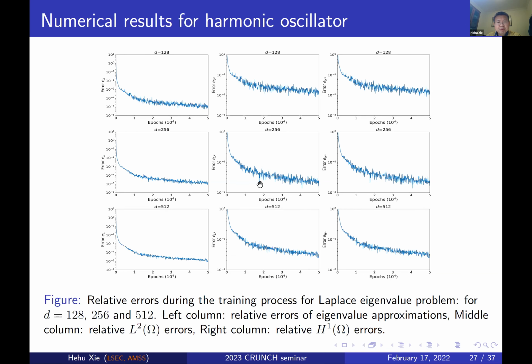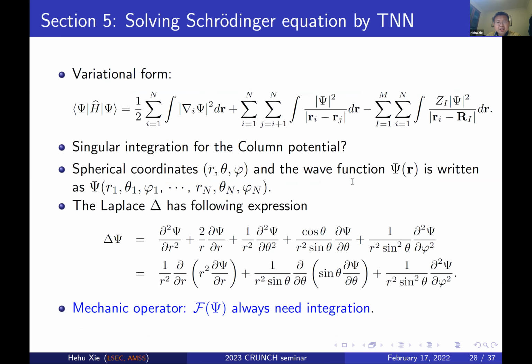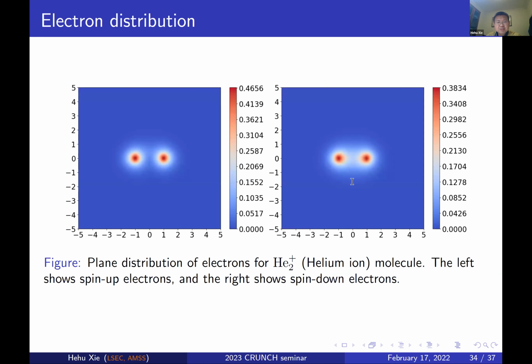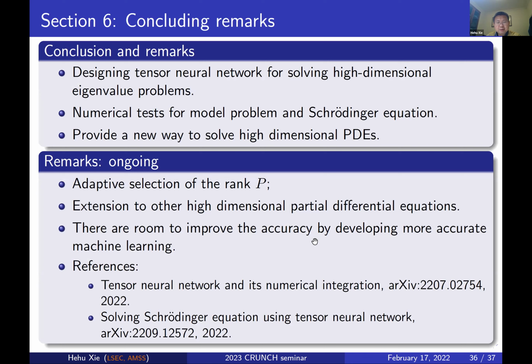We find, for example, here that the oscillation maybe comes from the optimization process. So for this question, we need to develop a better or more accurate optimization method to solve the optimization problems included in the machine learning.